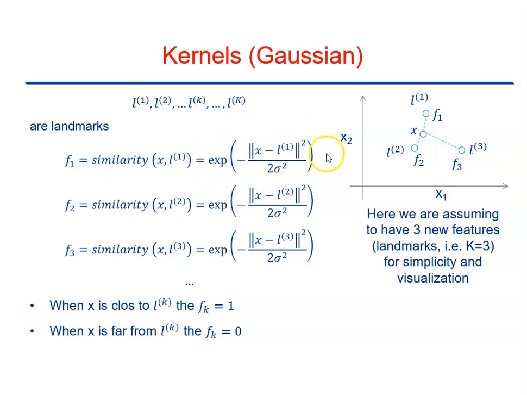This is the expression of a Gaussian function, which you should be familiar with by now, where L1 is landmark number 1 and sigma is the spread of the Gaussian. So if a point is close to L1, say it just overlaps L1, then that function will have the maximum value 1. If it's far away from landmark 1, f1 will be almost 0. In a similar way, we define similarity to landmark 2 and landmark 3 using these two Gaussians, centered on landmark 2 and landmark 3.